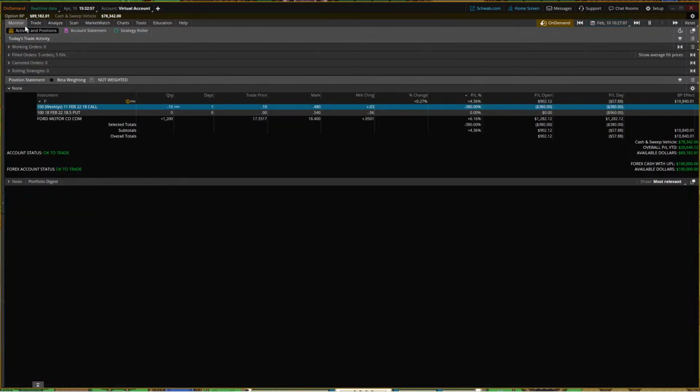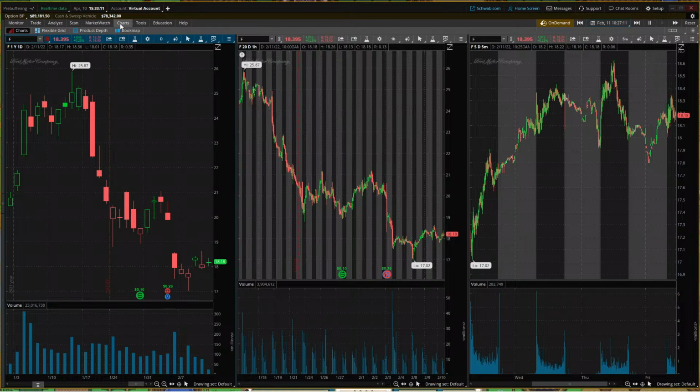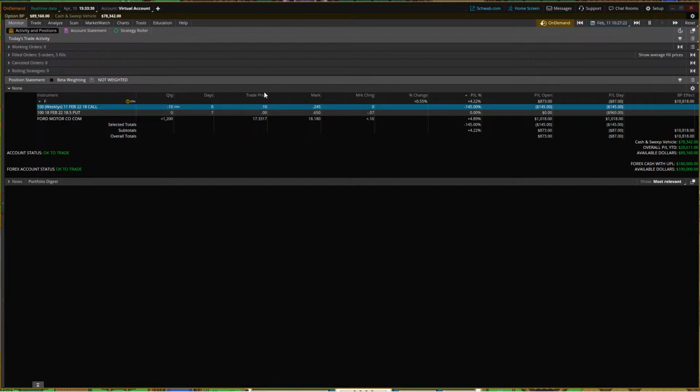So, over here, and we look. They've gone up again. For the next day, $18.17. So these came back down 24 cents. So we're holding.